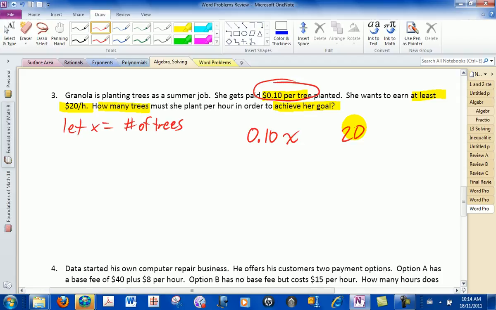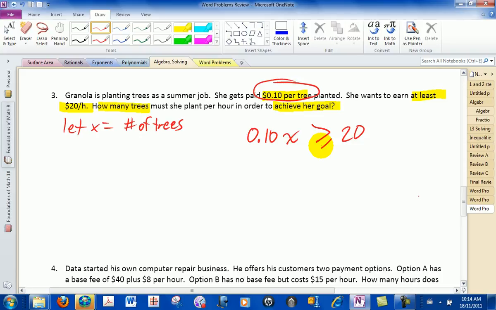Should $20 be greater than, equal to, or smaller? Equal? No. Less than? No, she doesn't want to earn less than $20. More than. So she wants to get paid more than or equal to $20. That's what the words are telling us. A little tough, right?